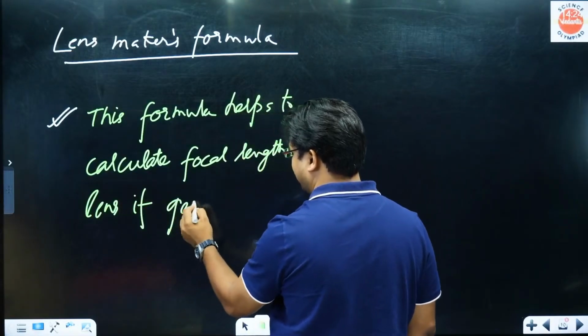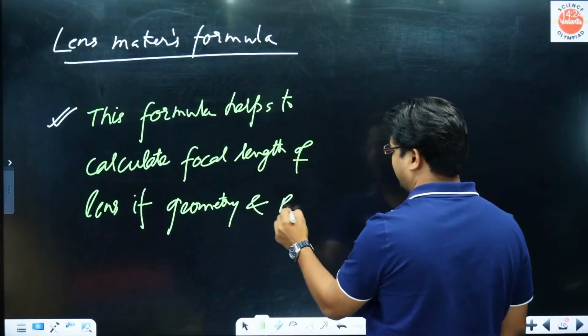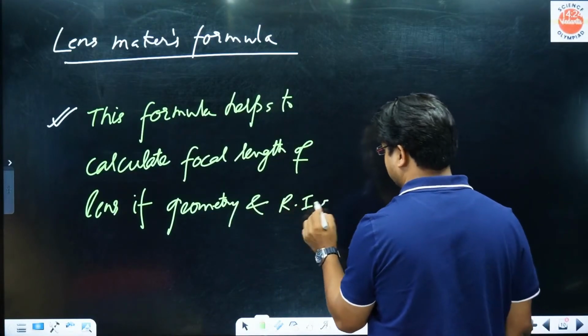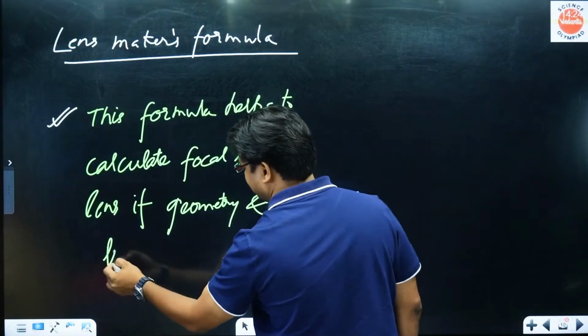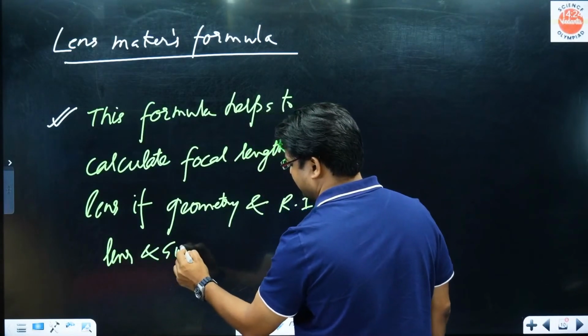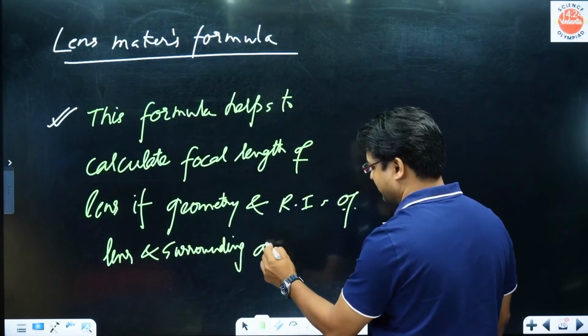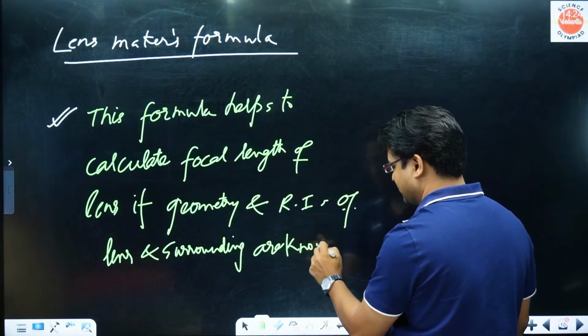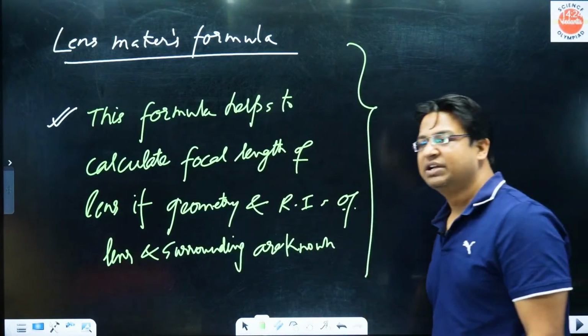if geometry and refractive indices of lens and surrounding are known. So if we know the geometry and if we know the refractive indices, then we can calculate.